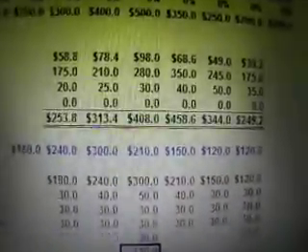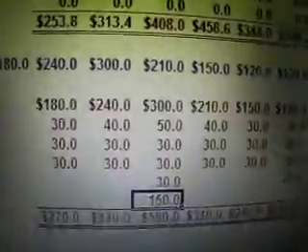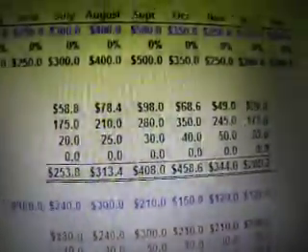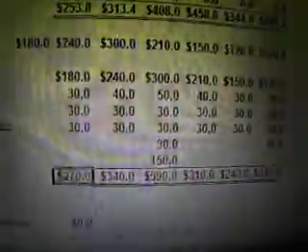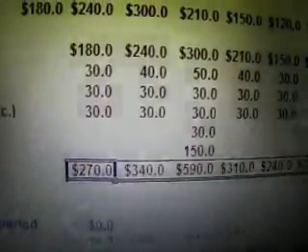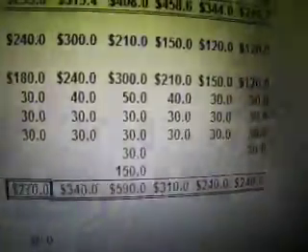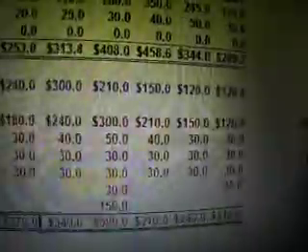And also they have a huge expenditure coming up for the month of September. They are going to construct a plant and they are going to pay for that. So these are the total payments. $270 million for the month of July, $340 for August, $590 for September, $310 for October, and so on.